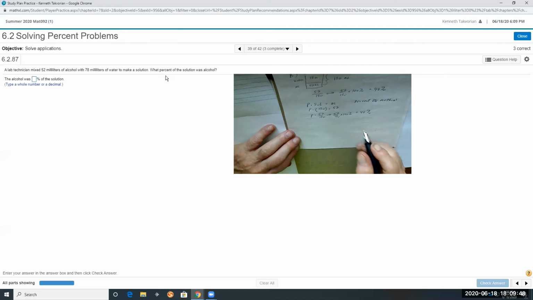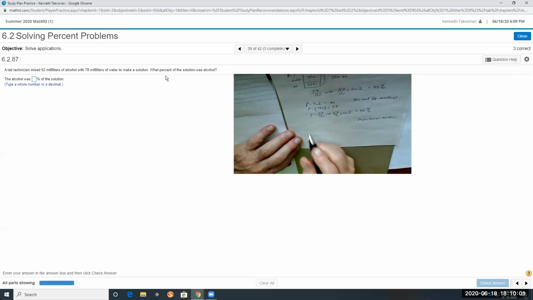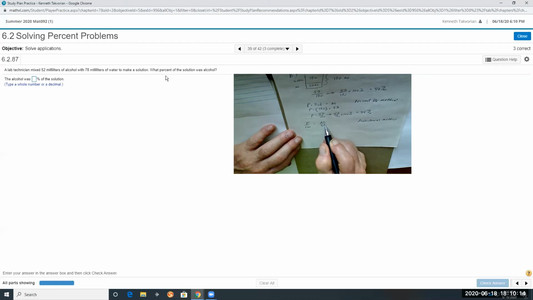I want to look at the proportional method. Okay, proportional method says take P is to 100 as the alcohol is to the total. This is like A is to B, the amount to the base.